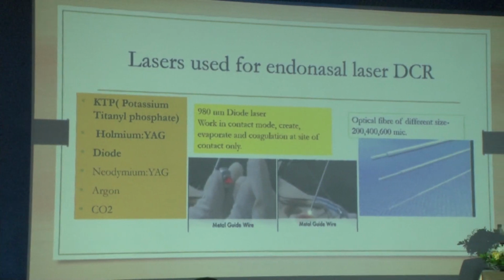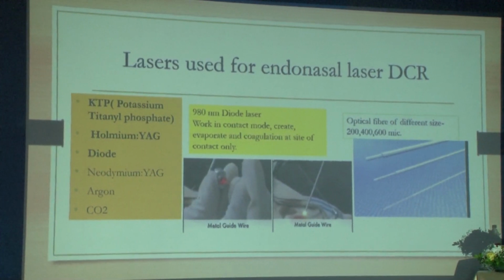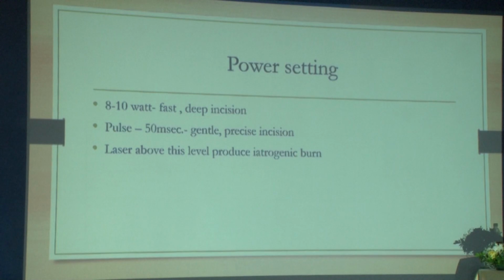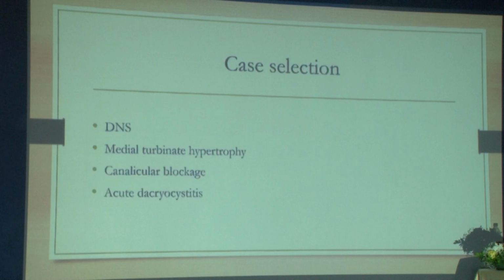That's why a metal guide wire is used to prevent iatrogenic complications. The power used was 8 to 10 watts, which acts as a fast and deep incision, and the pulse was 50 milliseconds. It helps in gentle and precise incision. Above that power, it leads to iatrogenic burns to the canaliculi and the mucosa.